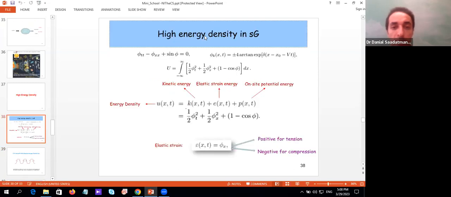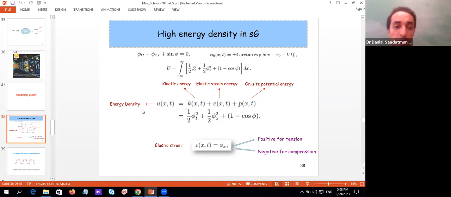Here I want to show you how the high energy density increases in the Sine-Gordon model. Let's calculate the high energy density and extreme value in the Sine-Gordon model. For the Sine-Gordon model, we can easily write the energy density in this form, which is the sum of the kinetic energy, the elastic strain energy and the on-site potential energy.